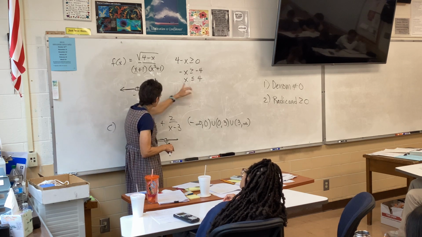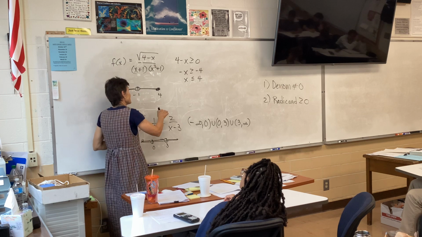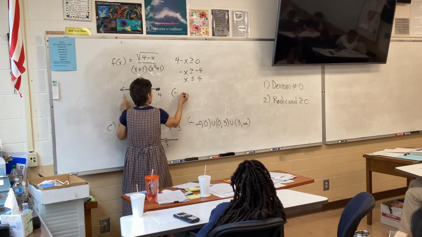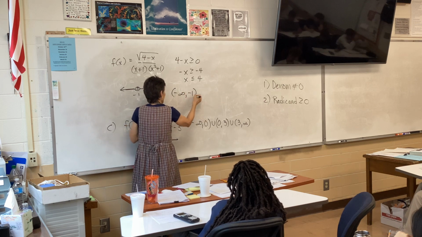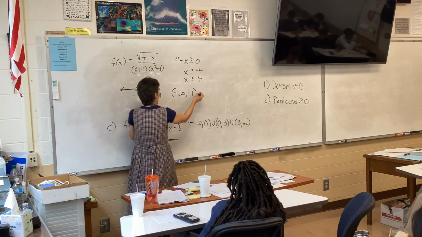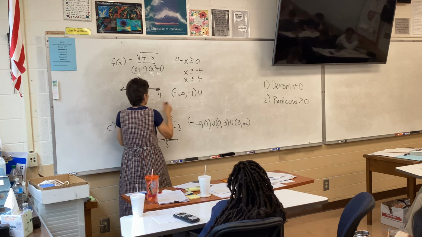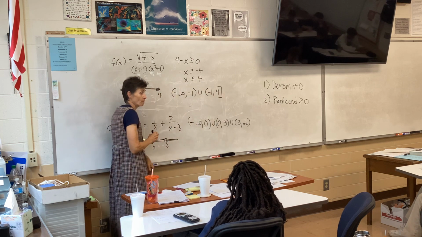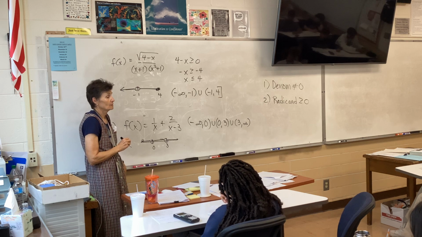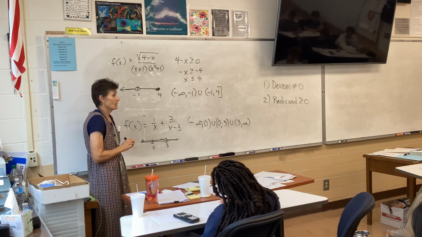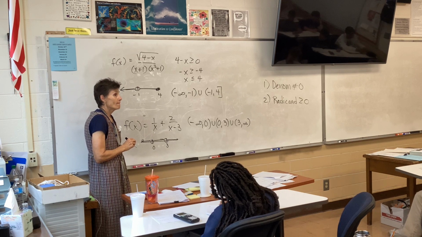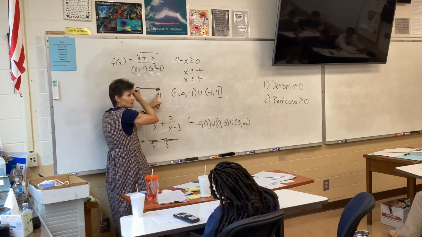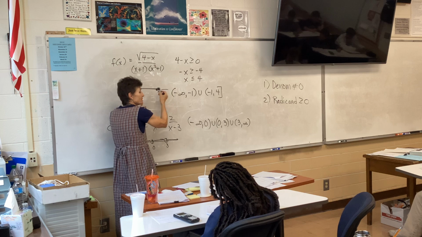But now X has to be less than or equal to 4, so what's this answer going to look like? Negative infinity to -1, or -1 to 4 with a bracket up here. And then would you try to do the positive infinity? No, because remember, you have to do less than 4. Oh, yeah, okay.